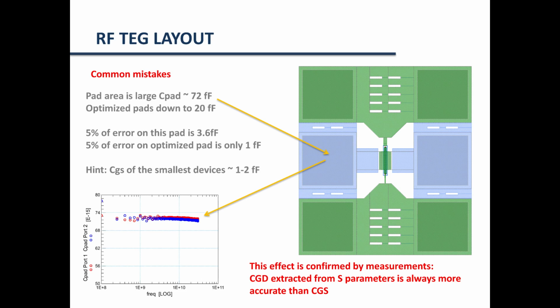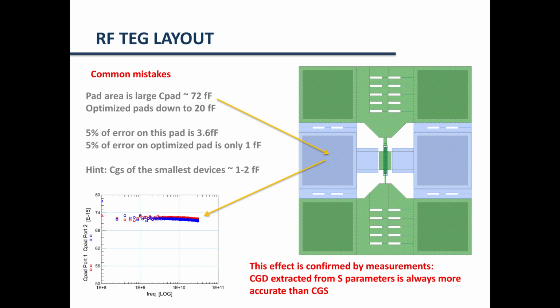Here we have RF GSG test structures with signal pads which have too large an area. Actually, the capacitance of these pads can be up to 72 femtofarads, while an optimized pad can have a capacitance down to 20 femtofarads.